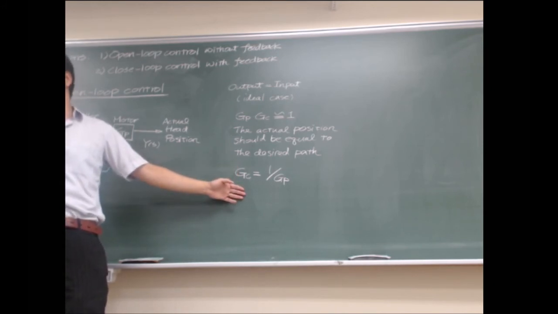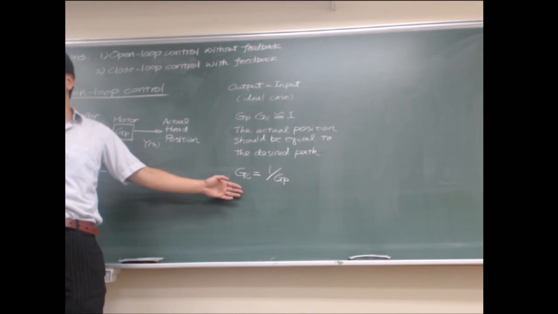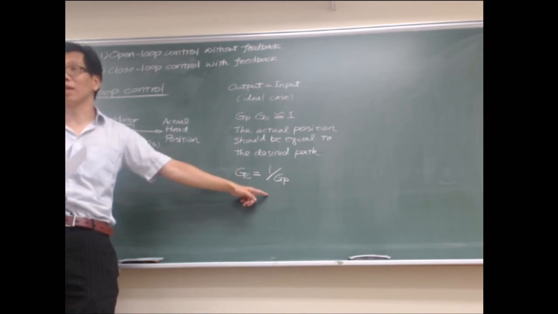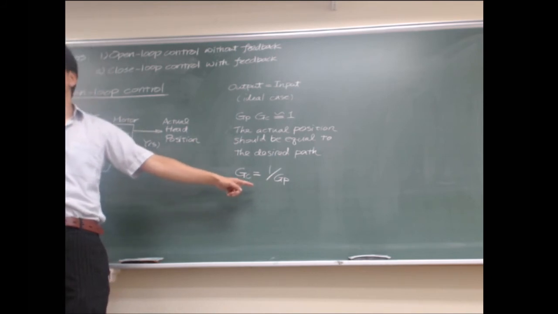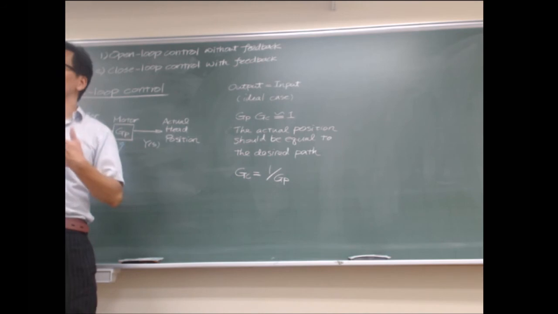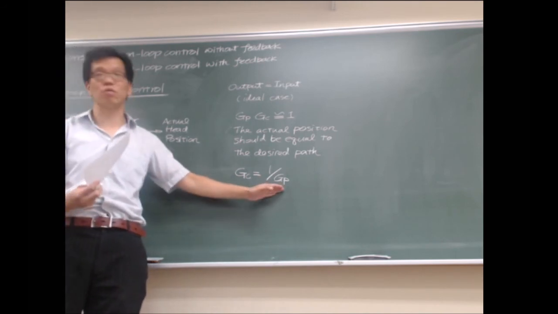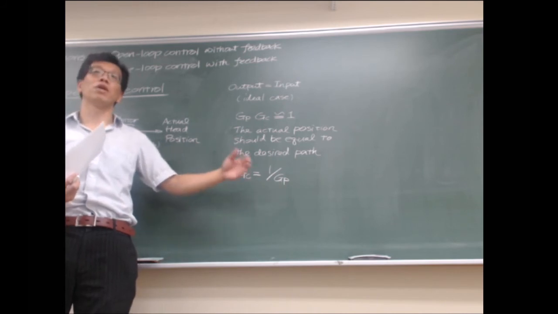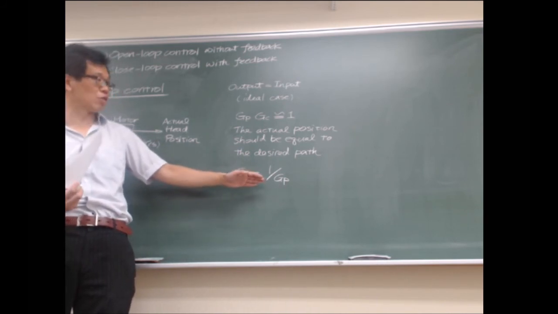Though this is the idea, we cannot do that, because if you do something like this, I can tell you 95% of the cases, the system is going to fail or be unstable. There are a lot of mathematical or physical restrictions that prevent you from doing this. So we're going to talk about control theories that are going to compensate for this.